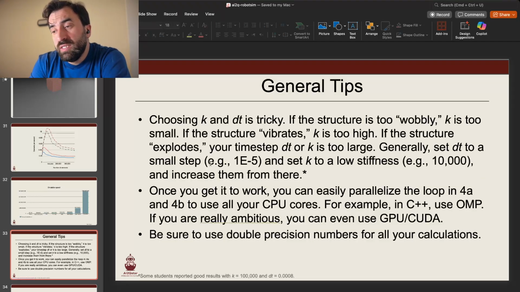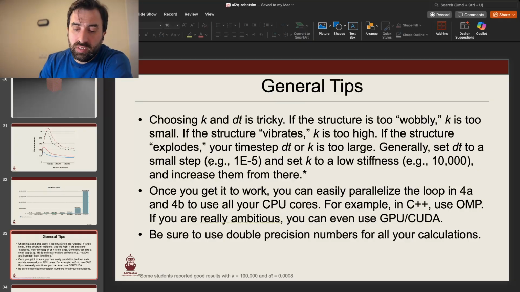You need to set dt to a small step, like 10 to the power of -5, and set k to a lower stiffness, like 10,000, and increase them from there. Just start from a stable position and then start changing the variables little by little.